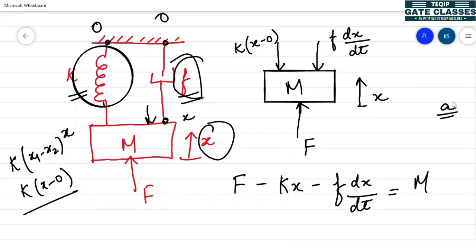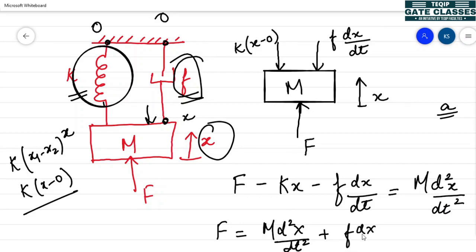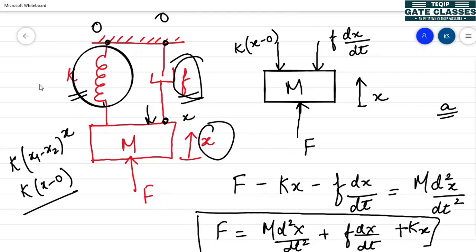I am writing a as d2x by dt2, so we can write F equals m d2x by dt2 plus f dx by dt plus k into x. This is the differential equation for the translational system as shown to you.